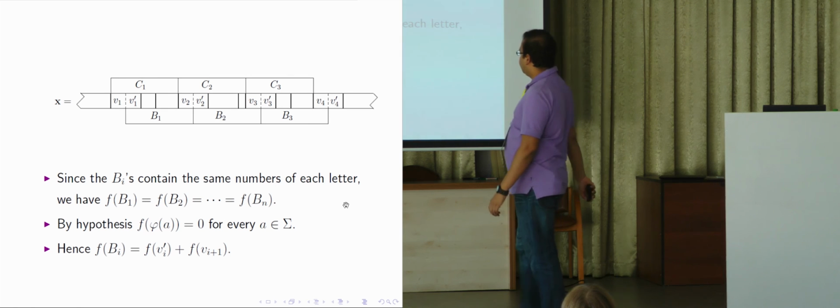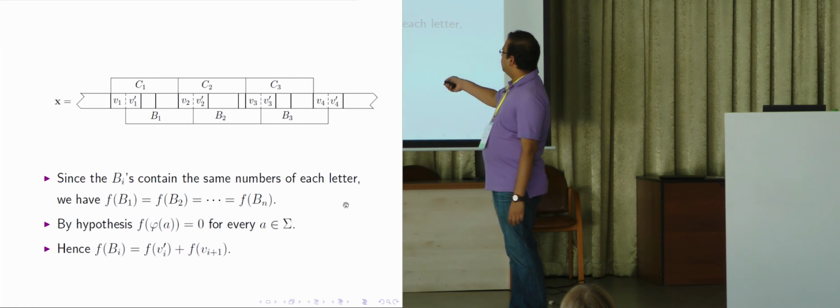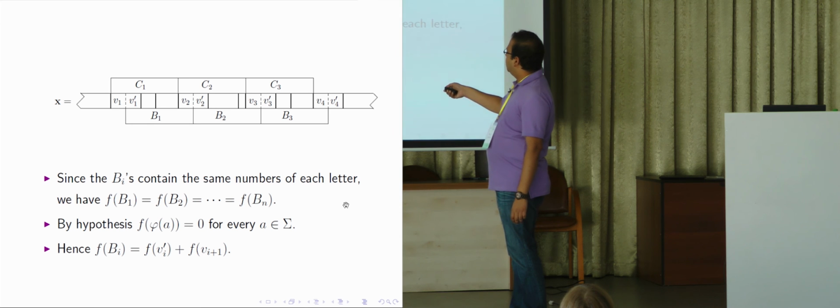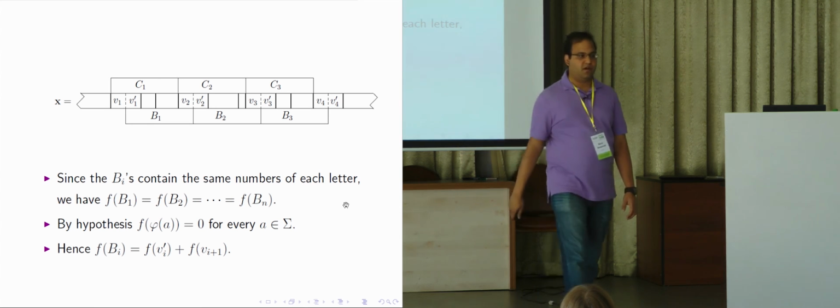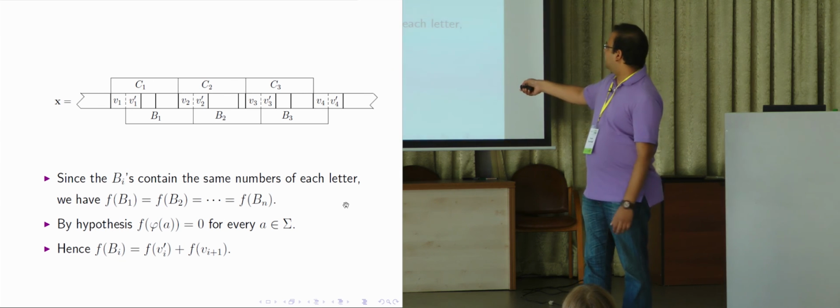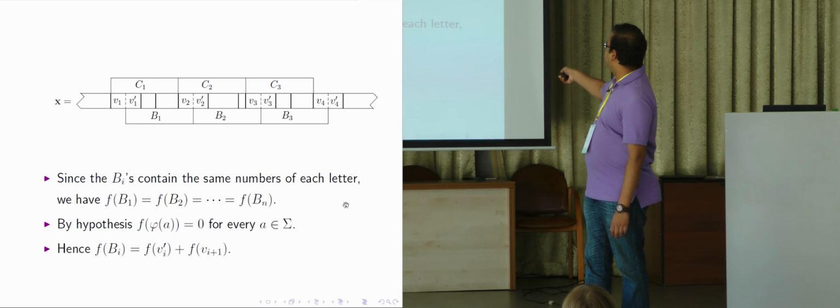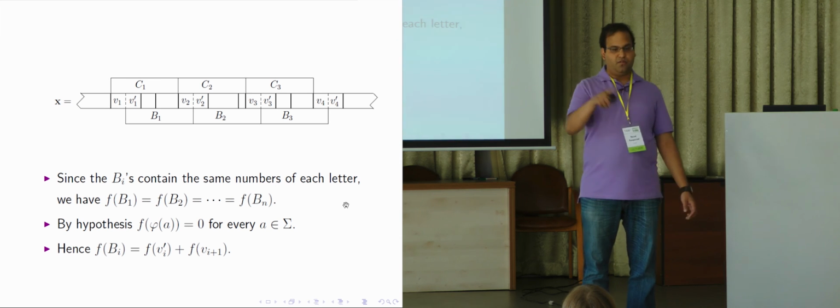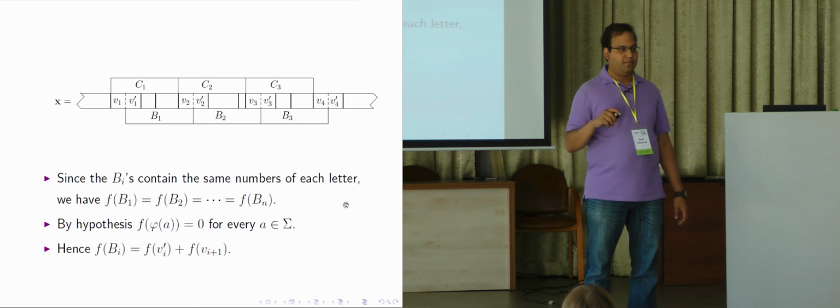Right, so the point is that because of that property, in fact the weights of these prefixes will form an arithmetic progression. Right? The weight of this V1, the weight of this V2, the weight of this V3, the weight of this V4, they'll form an arithmetic progression. Right?